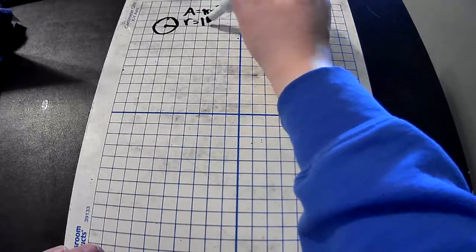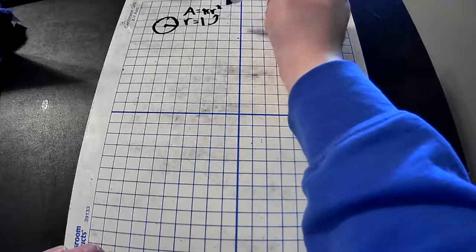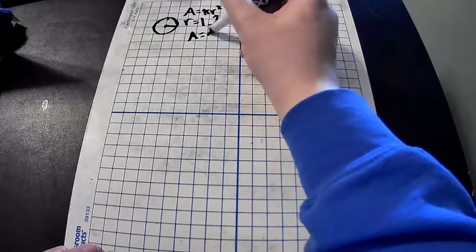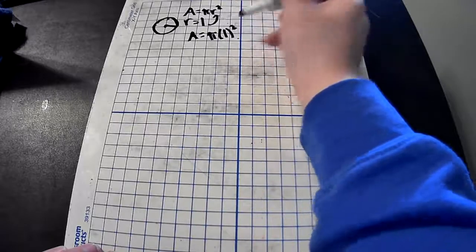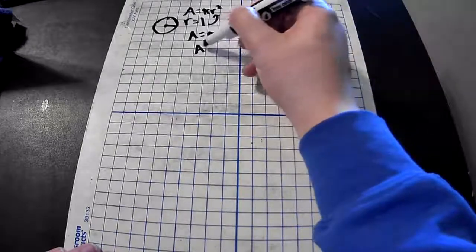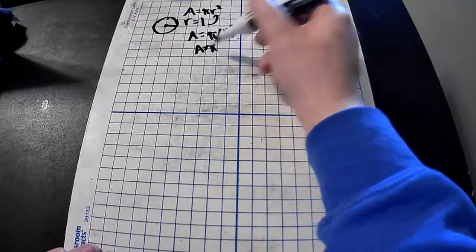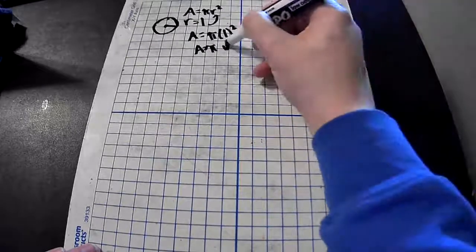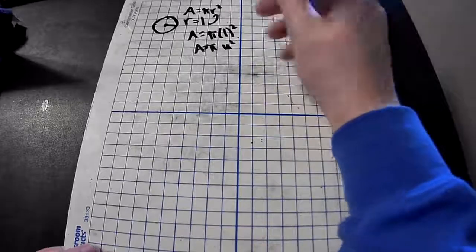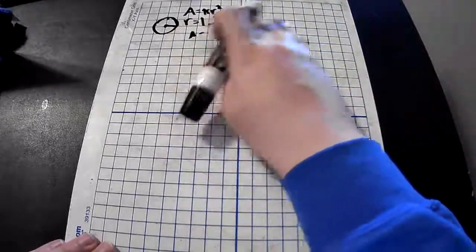So I would take the radius of 1 and plug it into my formula. Area equals pi times 1 squared. Well, 1 squared is 1. Pi times 1 is just pi. So the area of this circle is pi units squared, or pi square units. Okay, so that was all given to you in the problem.